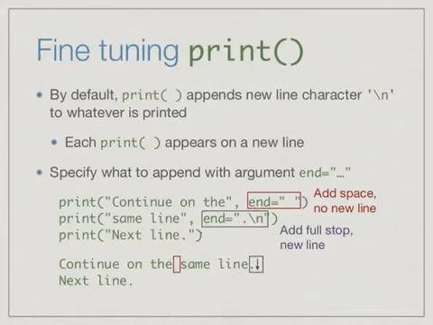The next print statement inserts a full stop and a new line. So implicitly, although the words "same line" end without a full stop, we produce a full stop, and after we produce a full stop, it produces a new line. And finally, after this new line, the next line comes on a new line. And of course, because here we didn't say anything, if we print after that, we implicitly would print on a new line.